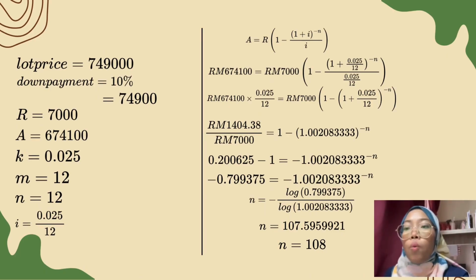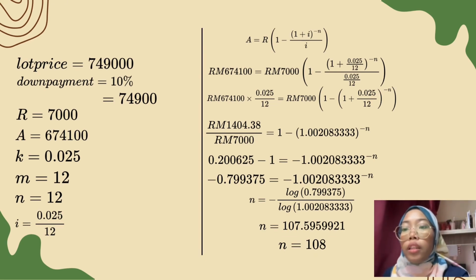So we got 1,404 ringgit 38 cents over 7,000 equals 1 minus bracket 1.002083333 bracket to the power of negative N. So we got 0.200625 minus 1 equals negative 1.002083333 to the power of negative N.